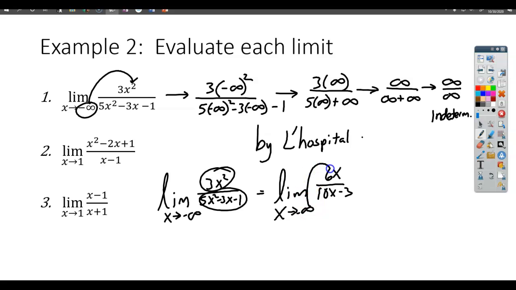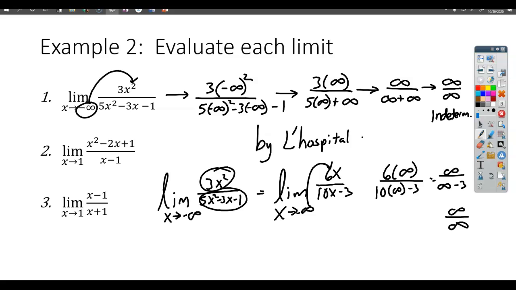Okay, so now let's see if we get an answer. I'm going to plug in my infinity, and I end up with 6 times infinity over 10 times infinity minus 3, which is infinity over infinity minus 3, which is still infinity over infinity. I better be careful with my equal signs, because if I get another indeterminate form, we can't have that there. So we still don't have an answer.